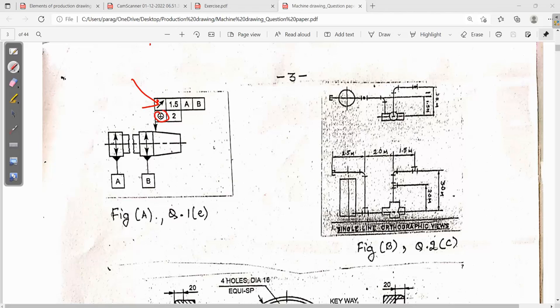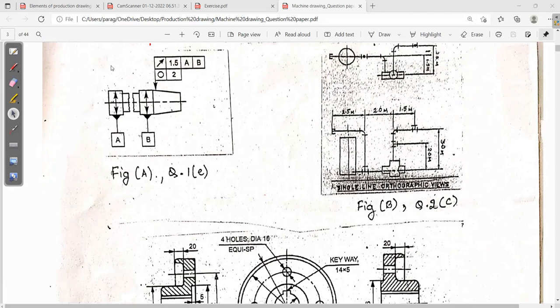And which symbol is this? So you just have to write the interpretation. Okay, so symbol A, suppose if I consider this is 1, 2.